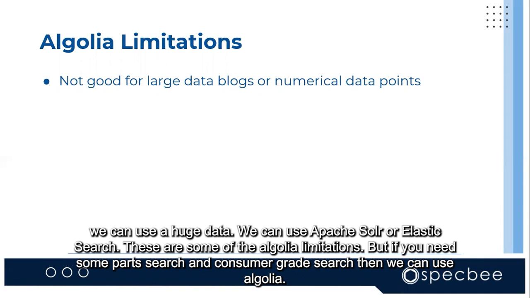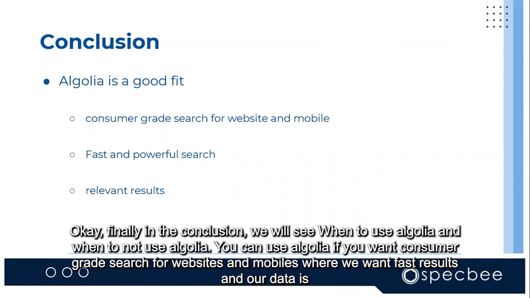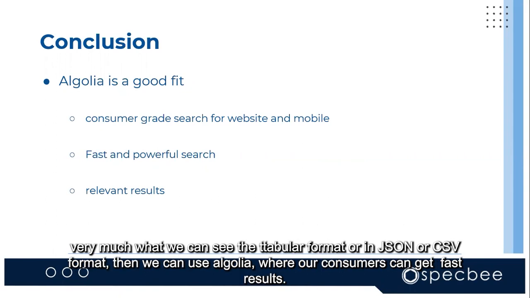But if we need fast search and consumer grade search, then we can use Algolia. Finally, in the conclusion, we will see when we can use Algolia and when we cannot use Algolia. We can use Algolia if we want a consumer grade search for websites and mobiles, where we need fast results and our data is in a tabular format, or in JSON or CSV format.